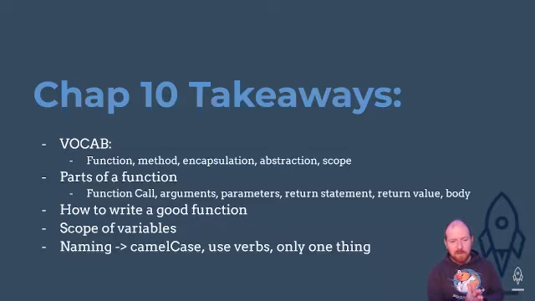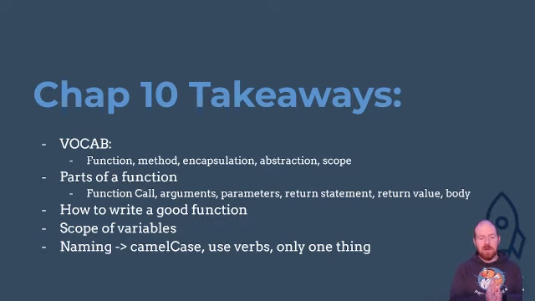Scope of variables is very important. And then naming your variables or naming your functions. Functions are usually actions, so usually you're going to use verbs. We'll get into some, but make, create, those are verbs. You also use camel case, just like normal.